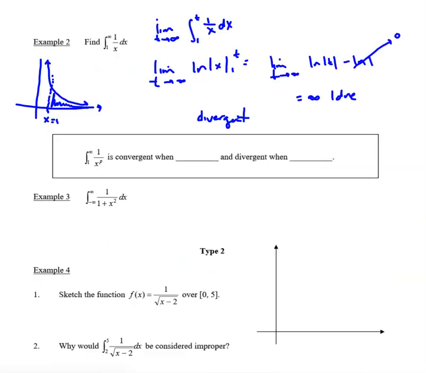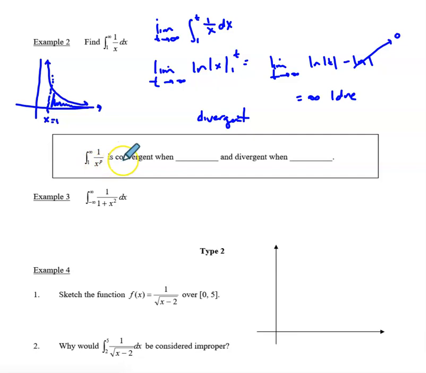There's actually a rule that guides when this type of improper integral converges or diverges. This is called a p integral because it's in the form of 1 over x raised to the p. This rule only applies for improper integrals of this form where you are integrating from 1 to infinity.